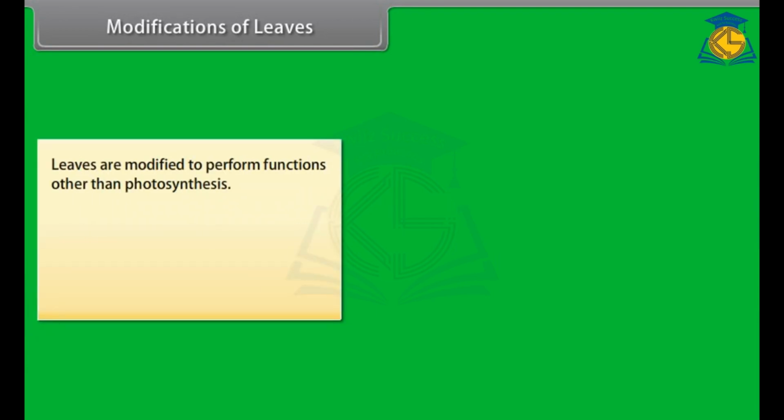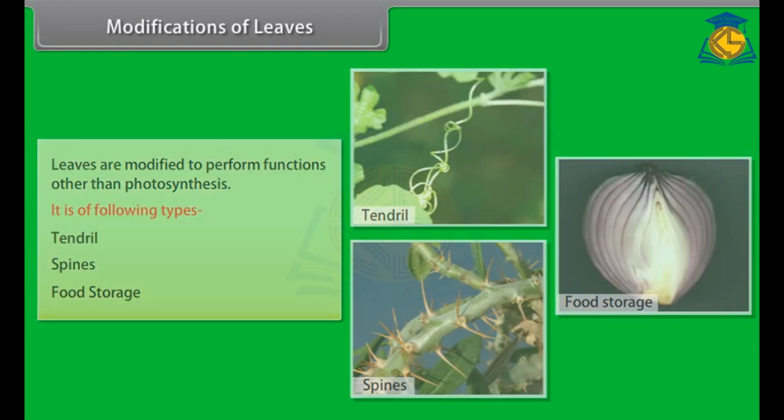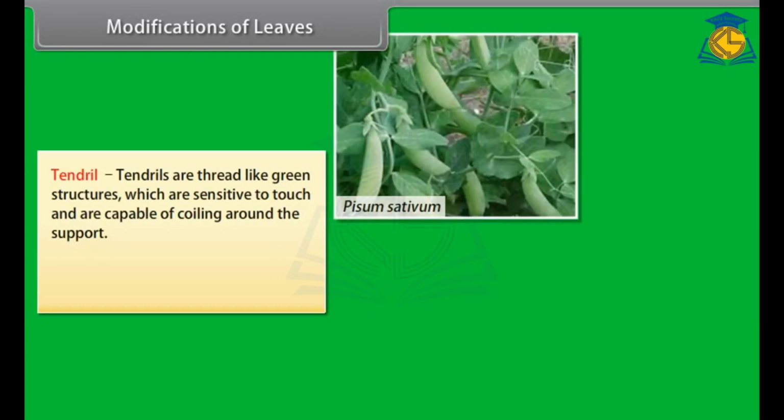Modifications of leaves. Leaves are modified to perform functions other than photosynthesis. It is of the following types: tendril, spines, food storage. Tendril. Tendrils are thread-like green structures which are sensitive to touch and are capable of coiling around the support.